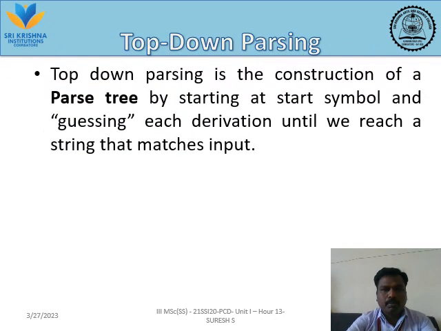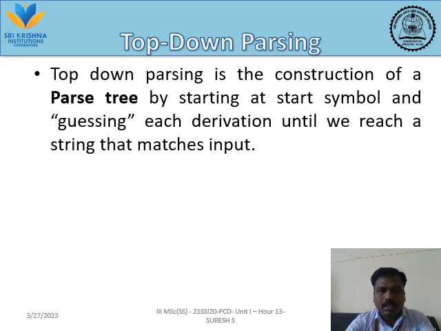What is top-down parsing? Top-down, in the sense, we can understand it as from top to bottom. Consider any object, which we have learned about since childhood: what is top and what is down. The top is always at the top, where we are starting.